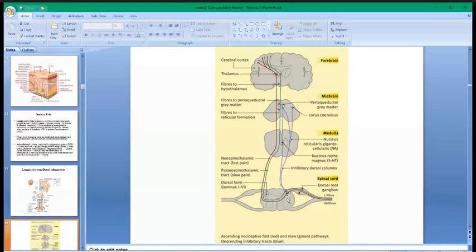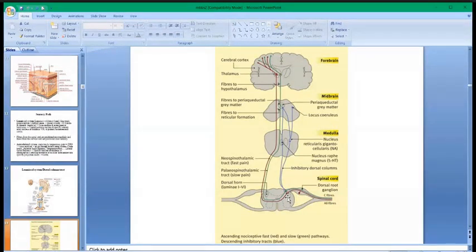This one is the substantia gelatinosa of Rolando, because this substance is gelatinous, and the scientist who first discovered it, his name was Rolando. So this is called substantia gelatinosa of Rolando. This is the dorsal portion. So first order neuron ends here.